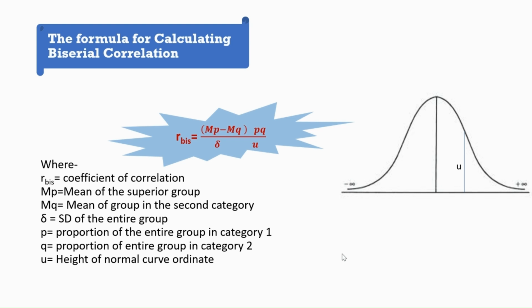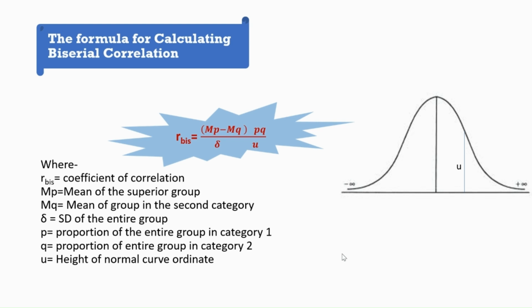Sigma is the standard deviation of the entire group. Here we should know that standard deviation is calculated of the total group, not the separate groups.